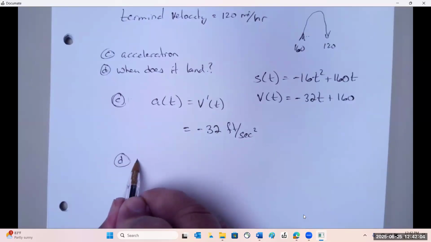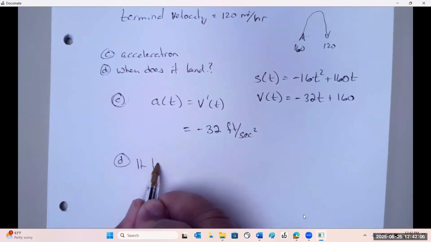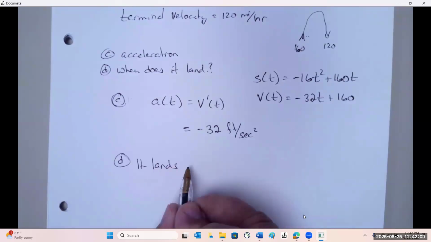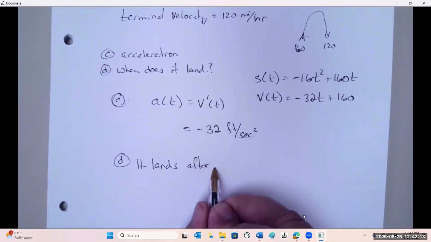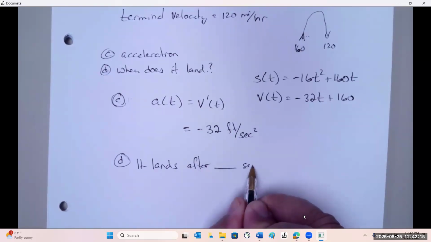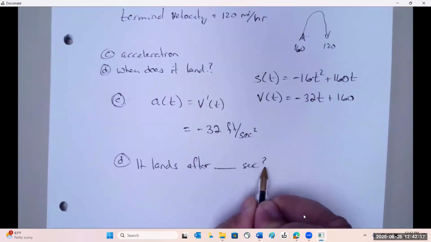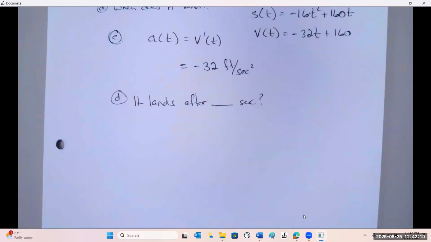So it lands after how many seconds? So how do we figure this one out?